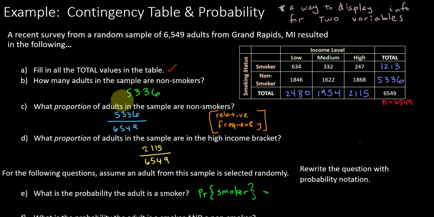It's basically the same process that we did over here in parts C and D. Well, let's just count. How many smokers were there? 1,213 out of the total 6,549. Sweet.